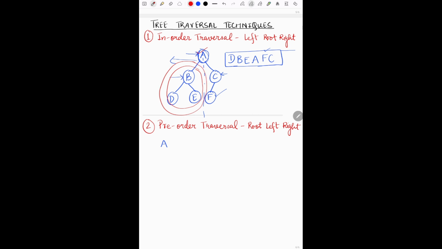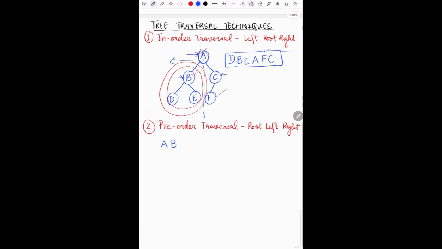As I go to the left subtree, I get a root node which is B. So I'll write down the root, followed by the left of the root which is D, followed by the right of the root which is E. For this whole tree, I have traversed the root which is A and the whole left subtree.